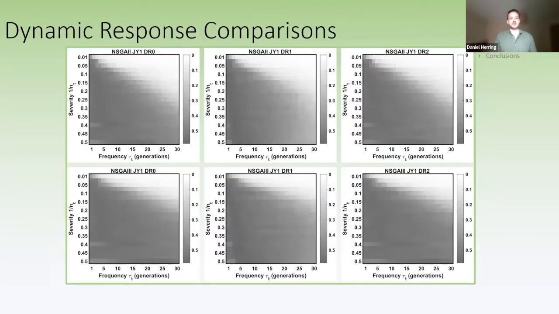In terms of the simple dynamic response mechanisms, neither of the diversity introduction methods, that is adding random or mutated solutions in the second and third columns here, provided any major observable difference to the performance of the static algorithms.